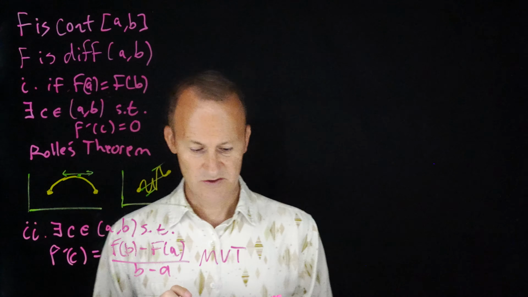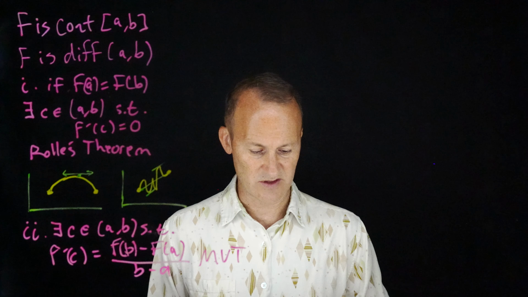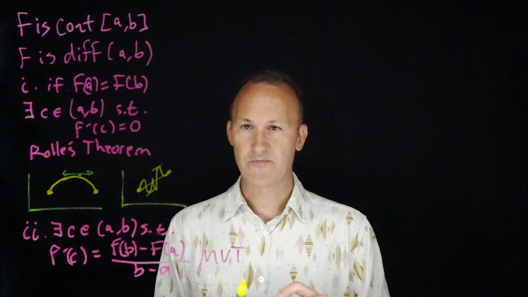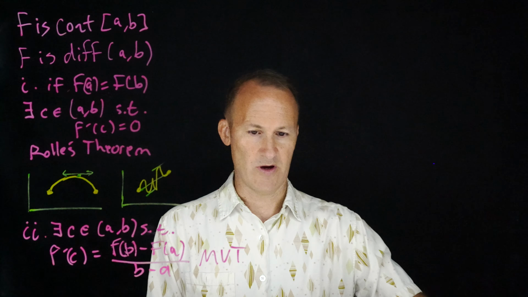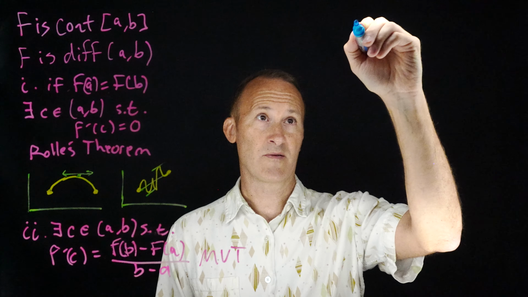So what's an interesting example that we could consider for Rolle's theorem and the mean value theorem? Well, how about the following? Let's do an example.